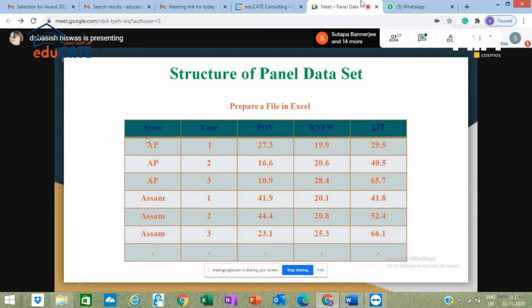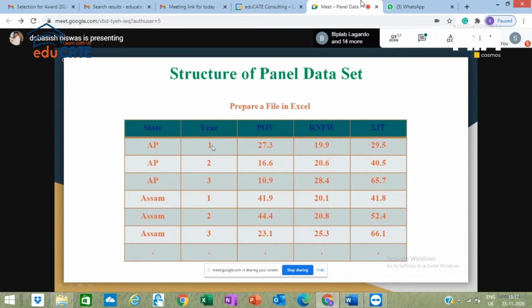Now, how can you write the data? First, you will complete one state, then you will start another state. First, you will complete one cross-sectional unit, then you will start another, and so on. So here, first we have considered Andhra Pradesh, Andhra Pradesh, Andhra Pradesh, because we have considered three time periods.